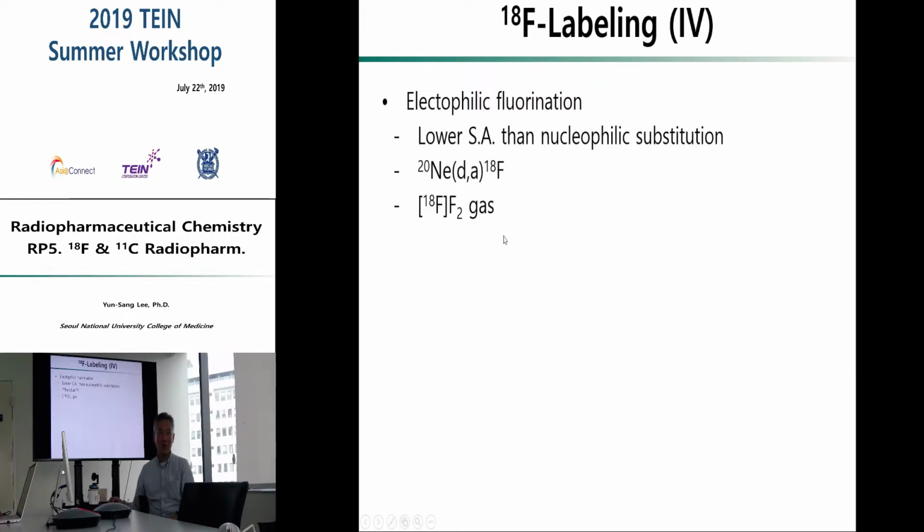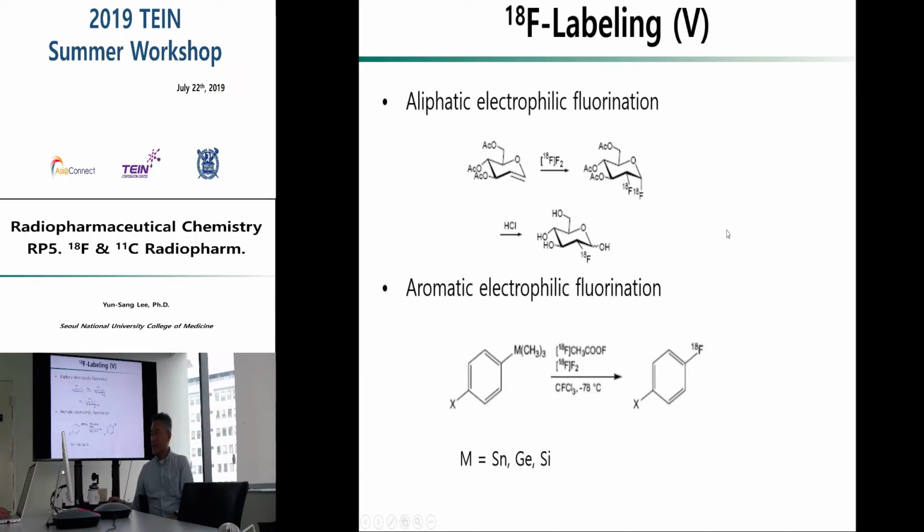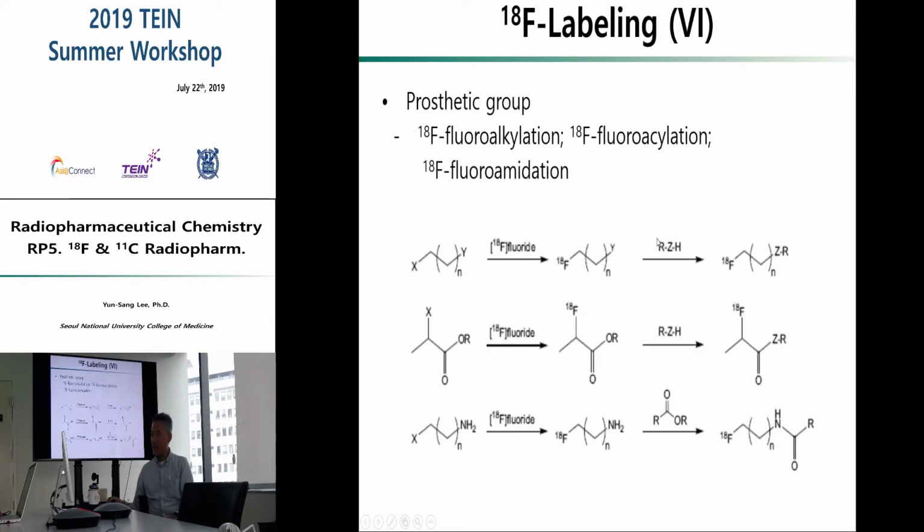So that's why the specific activity is very low. Here you can see several different types of aliphatic or aromatic electrophilic fluorination, and you can see the synthon or prosthetic groups here.